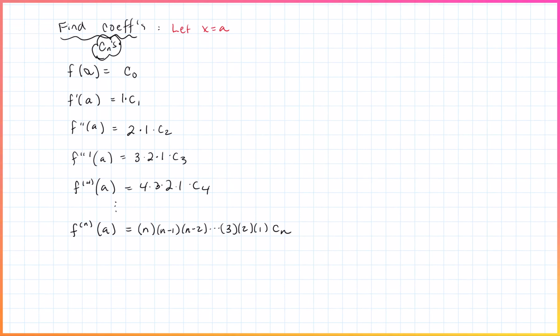So this is c naught, this is 1 factorial times c1, this is 2 factorial times c2, this is 3 factorial times c3, this is 4 factorial times c4, and this would be n factorial times c sub n.